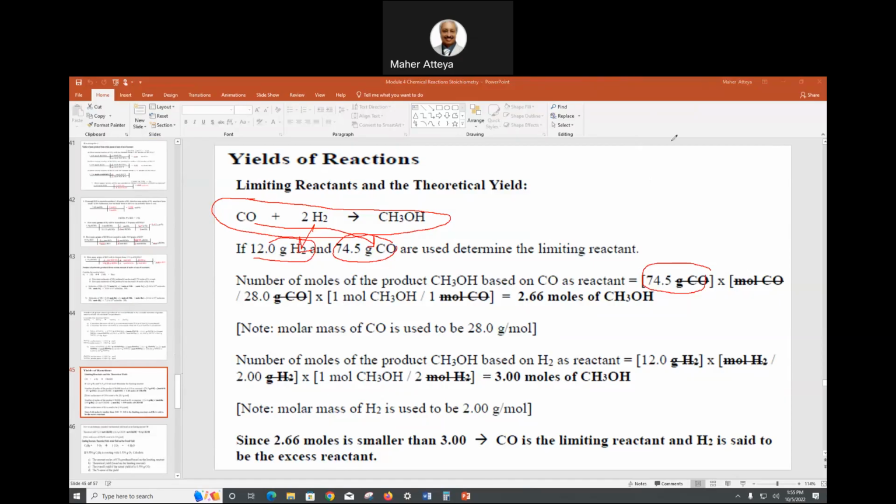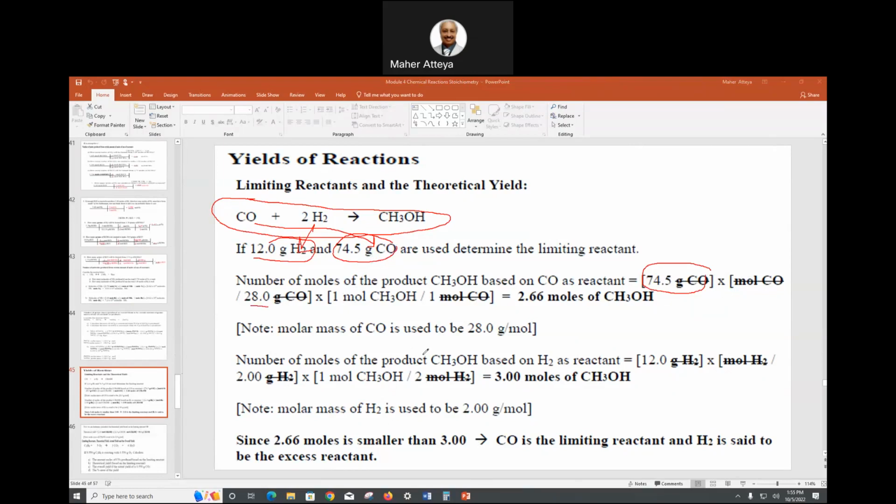Let's look at this. 74.5 grams of CO, correct? Then divided by the molar mass, that's given. Carbon is 12, oxygen is 16, add them up, 28.